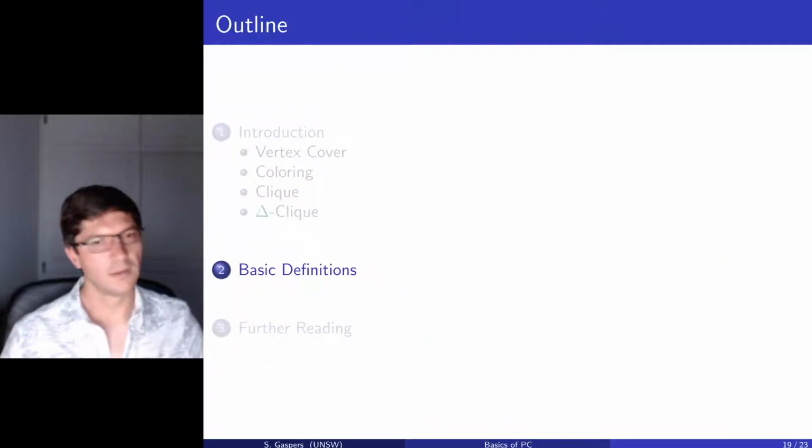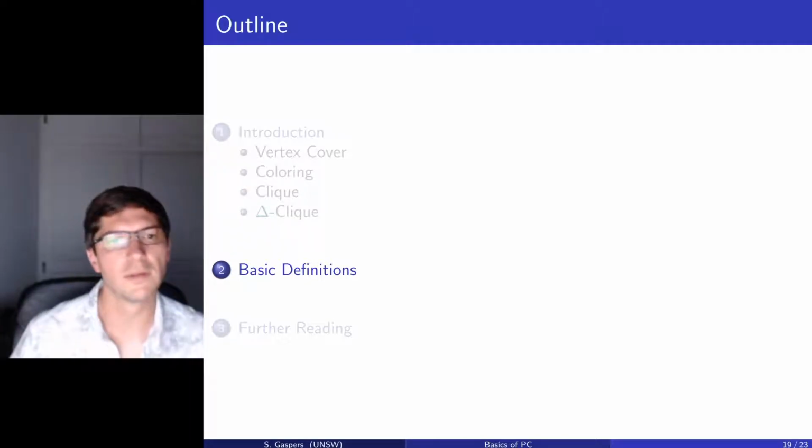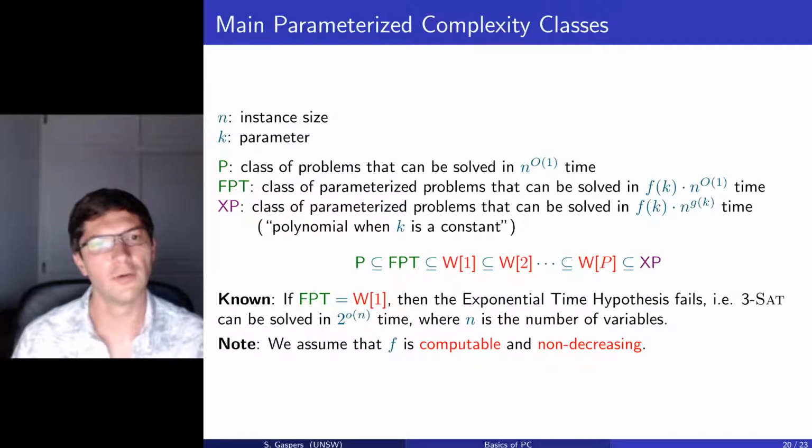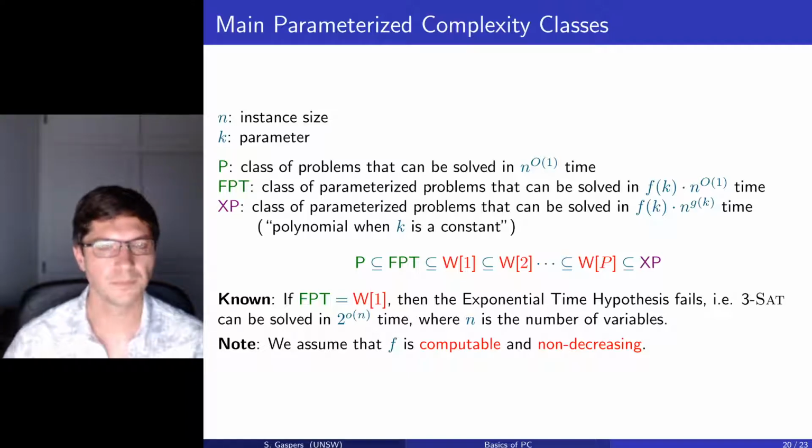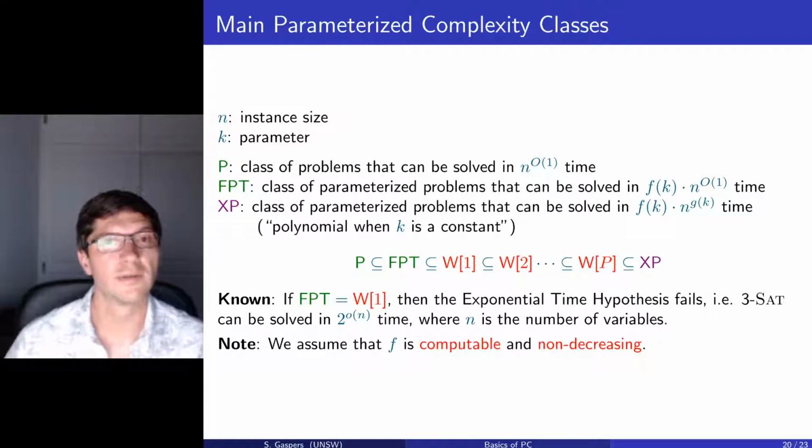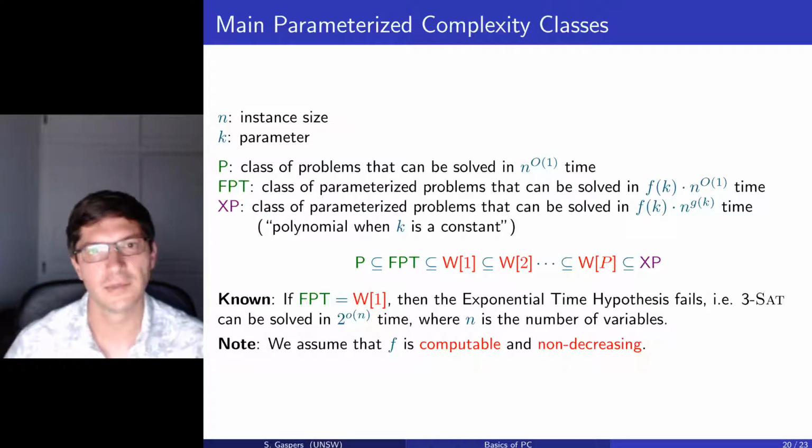Okay, let's revisit the basic definitions of parameterized complexity. If n is our instance size and k is our parameter, then of course P is the class of problems that can be solved in polynomial time. FPT is the class of parameterized problems that can be solved in time f of k times a polynomial in n.